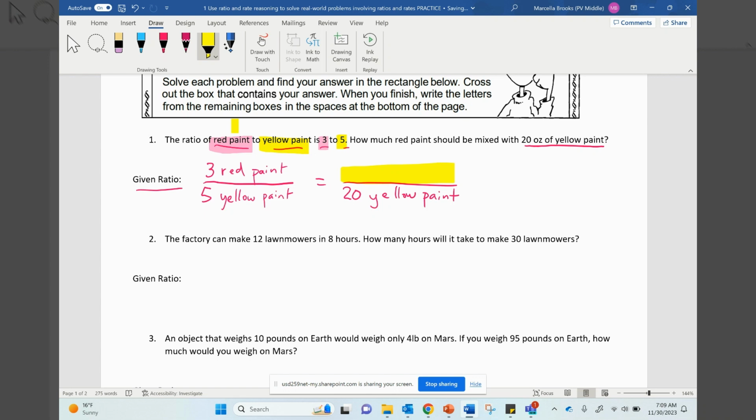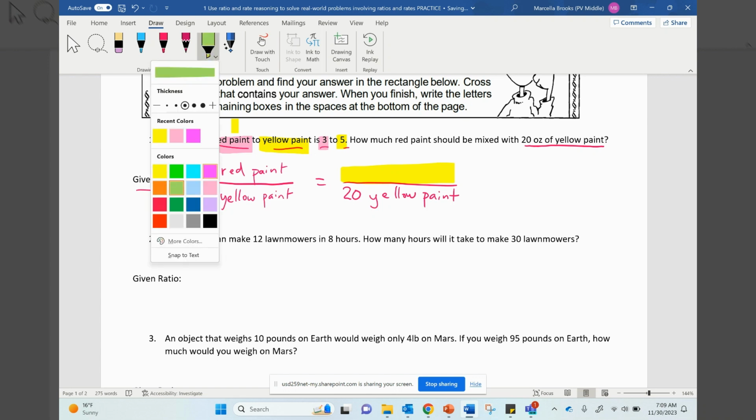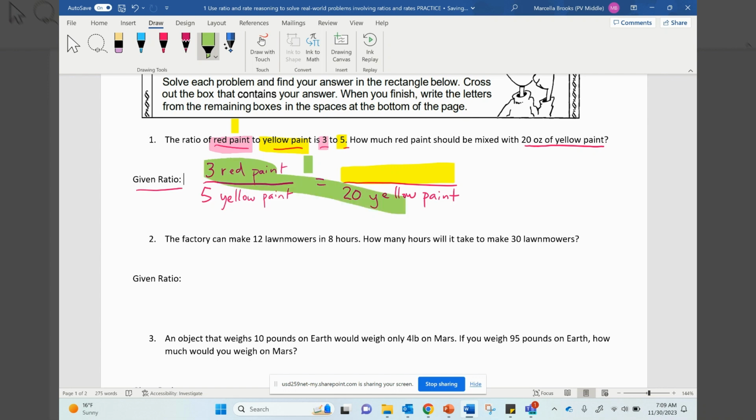So we cross multiply 3 times 20. So 3 times 20 is 60. And then we divide by the only number that's left, which is 5. So we're going to do 60 divided by 5, which gives us 12. And then the last piece is we have to answer the question.